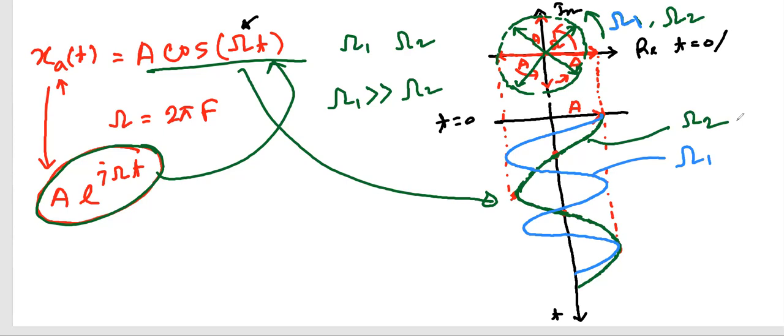So the omega represents the frequency. Of course, there is a physical instance as well: how fast the signal changes. And A will represent the amplitude. So I believe that the whole consequence is very much clear to you.